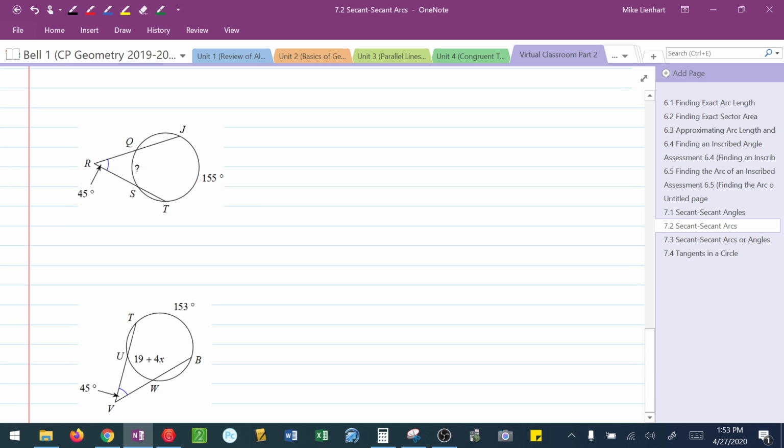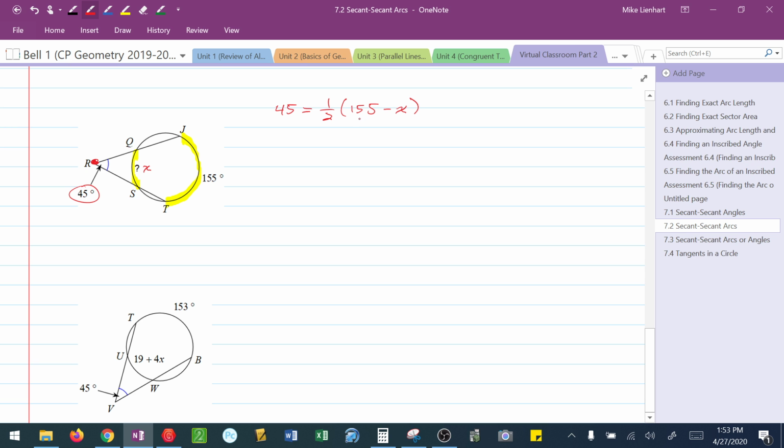All right. I see a secant scenario. There's my vertex. There's the angle. These are its arcs. I'm going to call the question mark X. So here's what I know by definition. The angle equals half the arcs subtracted. So in this case, I'm going to go 155 minus X. Now remember, it's always going to be the bigger arc minus the smaller arc.